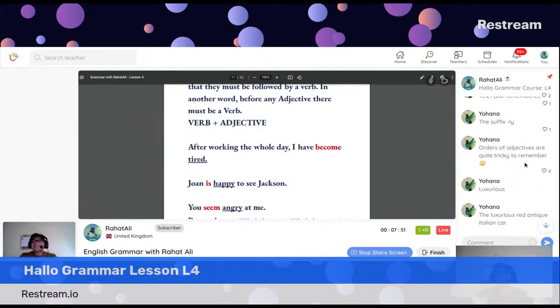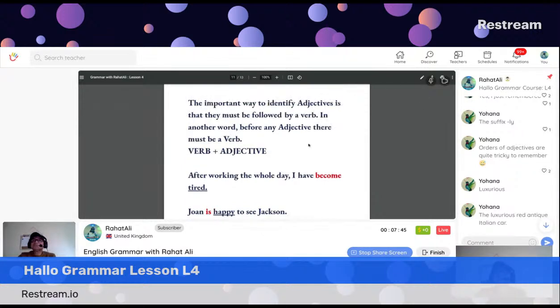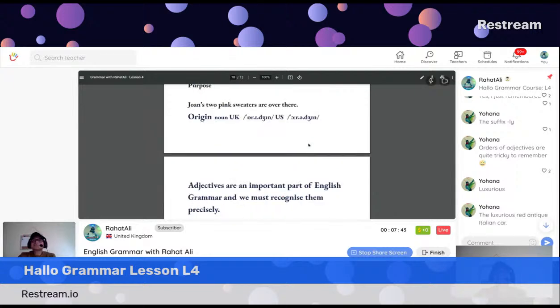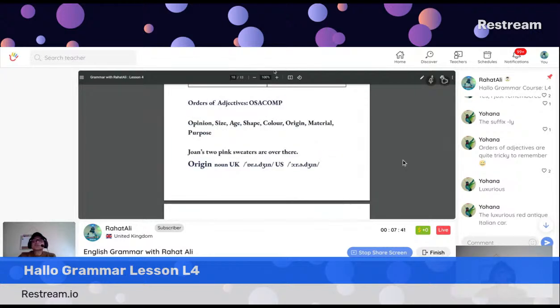The luxurious red antique Italian car. Very good, Johanna. Does it follow the Osakam rule? So luxurious is your opinion, and red is the color. Antique is the origin, and the material is Italian.